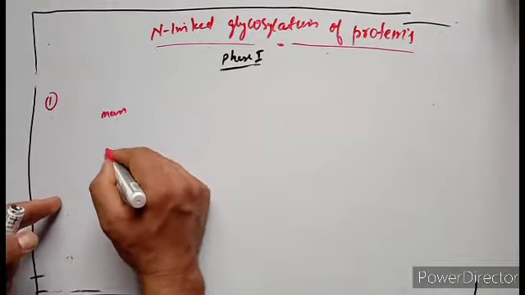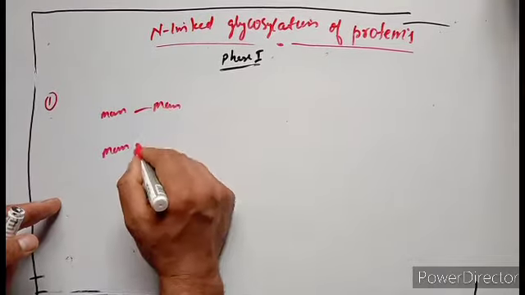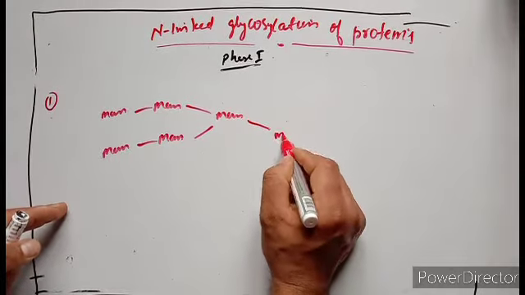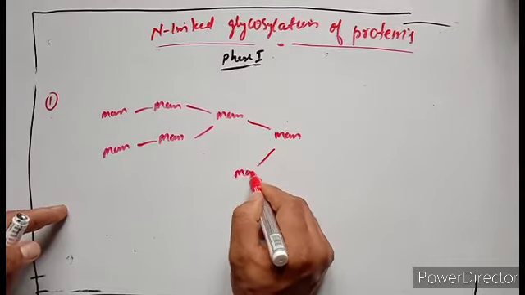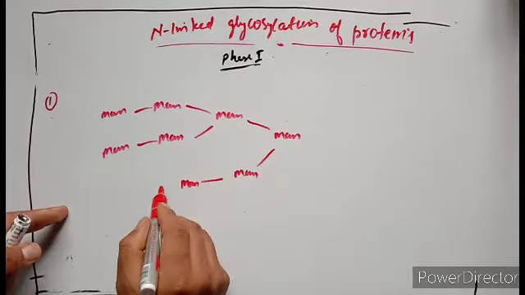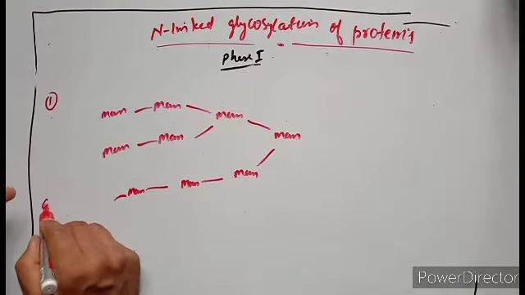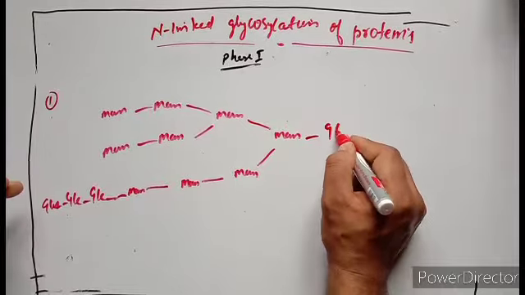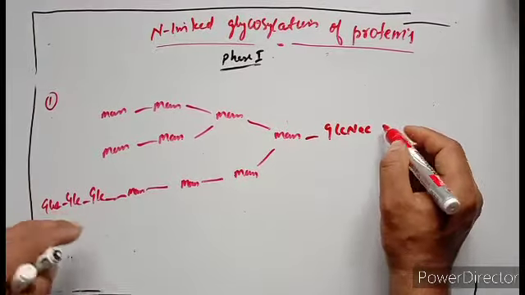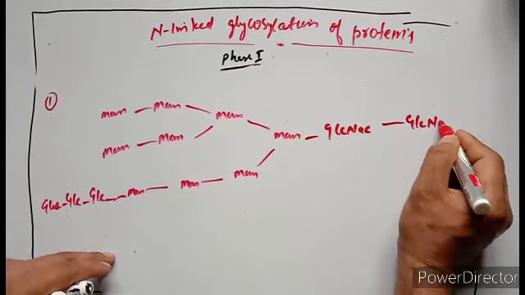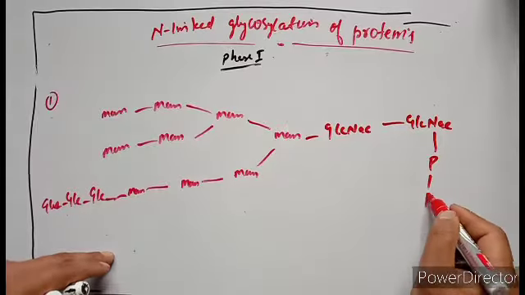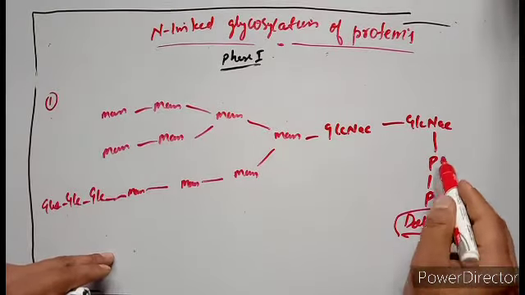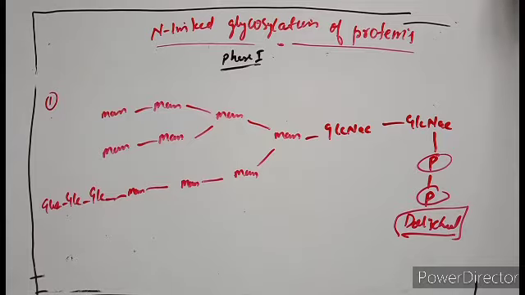So mannose, mannose, mannose, mannose, mannose, mannose, mannose, mannose, mannose, glucose, glucose, glucose, glucose, N-acetyl glucosamine, and N-acetyl glucosamine, which is linked, which is attached to the dolicol with a phosphoryl bond.